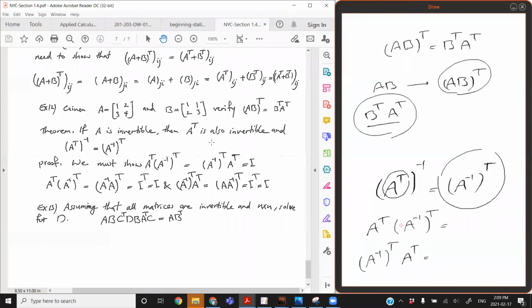Look, for this one, I'm going to use this: (AB) transpose is B transpose times A transpose.